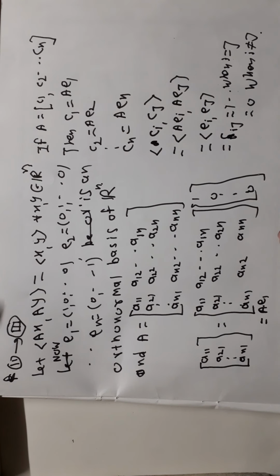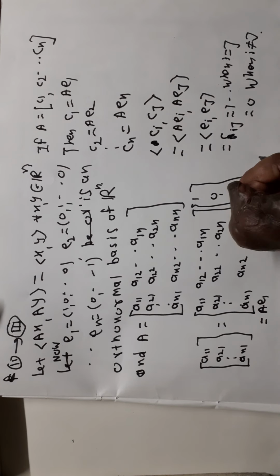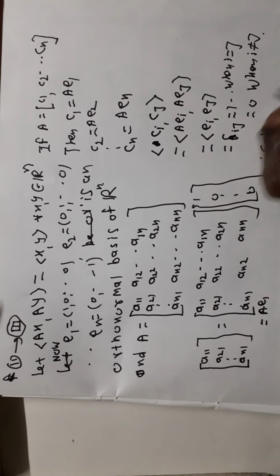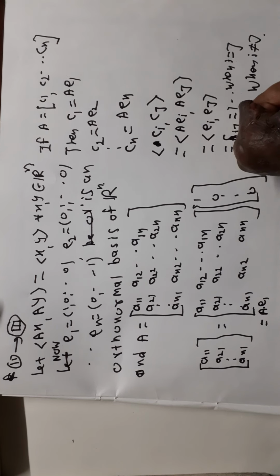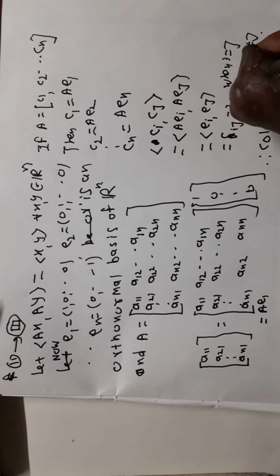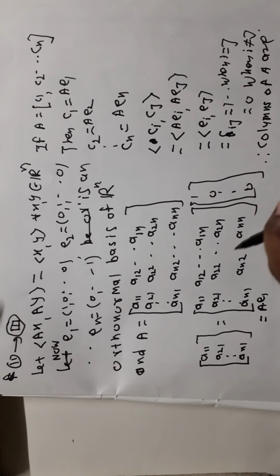Therefore angle bracket Ci, Cj is equal to delta ij, and therefore columns of A are orthonormal vectors.